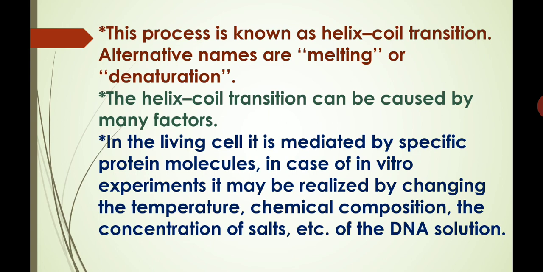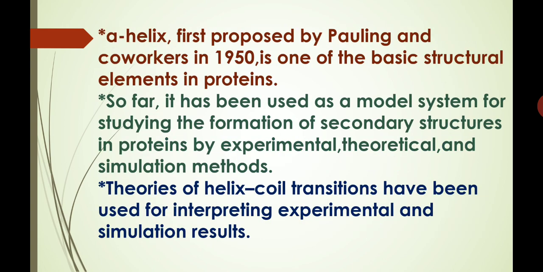The helix coil transition can be caused by many factors. In the living cell, it is mediated by specific protein molecules. In in vitro experiments, it may be realized by changing the temperature, chemical composition, the concentration of salts, etc. of the DNA solution. Alpha helix, first proposed by Pauling and co-workers in 1951, is one of the basic structural elements in proteins.